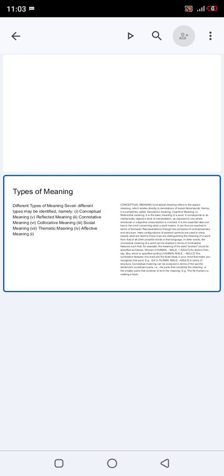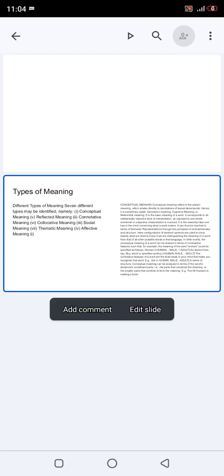So types of meaning, there are different types of meaning, that is conceptual, reflected, connotative meaning, collocative, social meaning, thematic meaning, and affective meaning. What is conceptual meaning? We need to understand their terms and go to their context for identifying the examples so that you can be able to differentiate them.